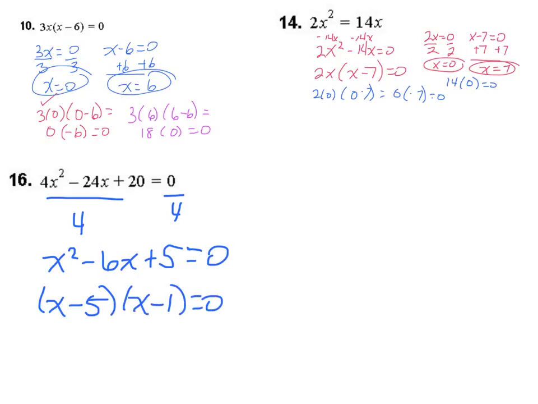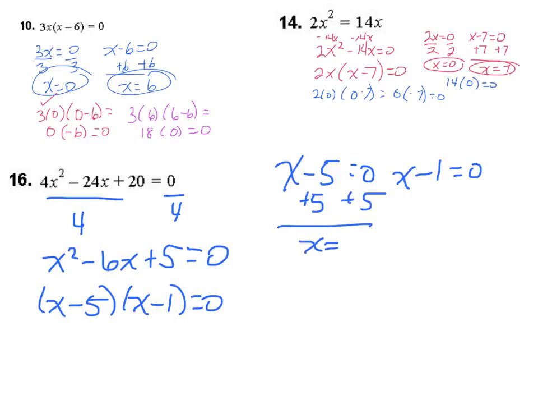So then our little mini equation becomes x minus 5 equals 0 and x minus 1 equals 0. If we add 5 to both sides, we get x equals 5, and if we add 1 to both sides, we get x equals 1. And I'm going to check by substituting back into my original equation.